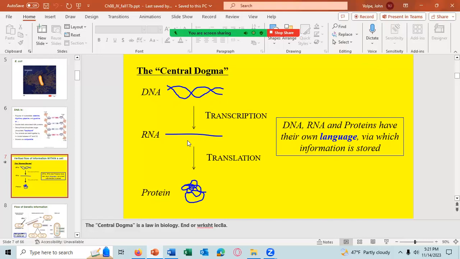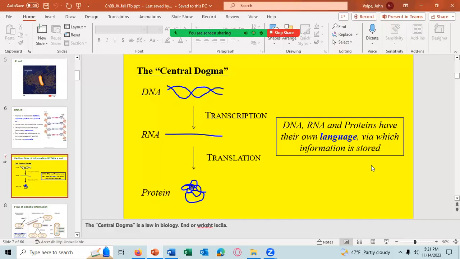And then that information is encoded in the protein after translation. Each of them, the DNA, the RNA, and the proteins, have their own language, which they store the information in. And we'll talk a little bit more about that. Any questions about the central dogma?